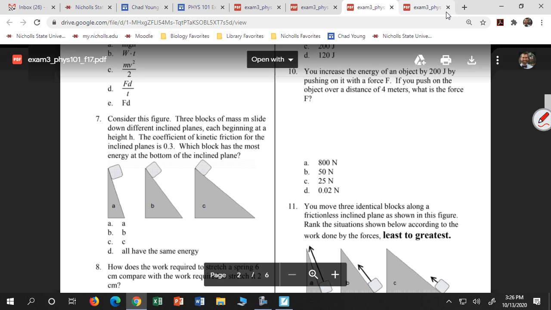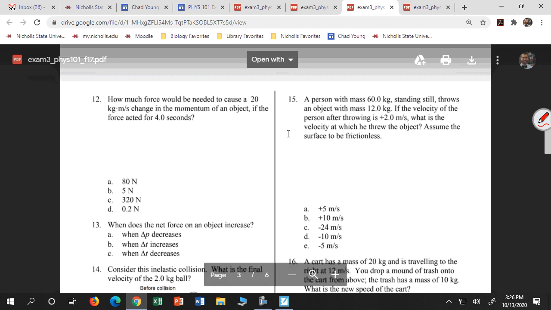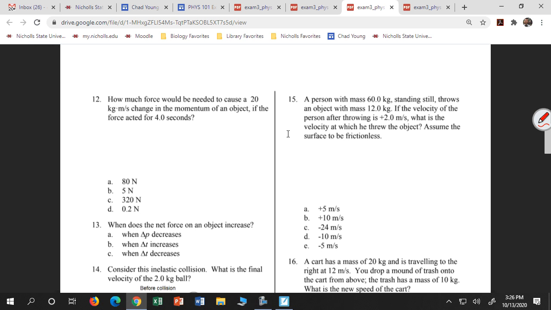This is fall 17. Number 12 is dealing with this idea that F is the time rate change of momentum. The rate of change in time for momentum is our force. And so I give you the impulse, that's delta P right there, equal to 20.